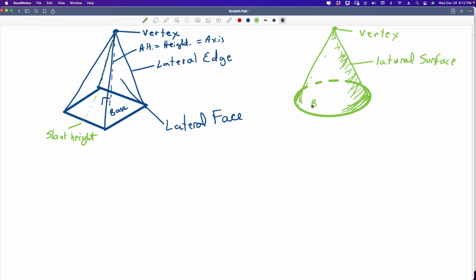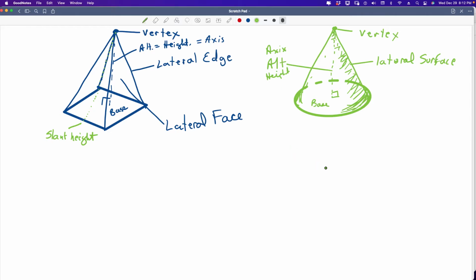But we still have a base, and we still have an altitude from the vertex to the base. So that's our altitude, and it is also the height of our cone. And it is also called the axis as well. Right, so they have some similarities here.